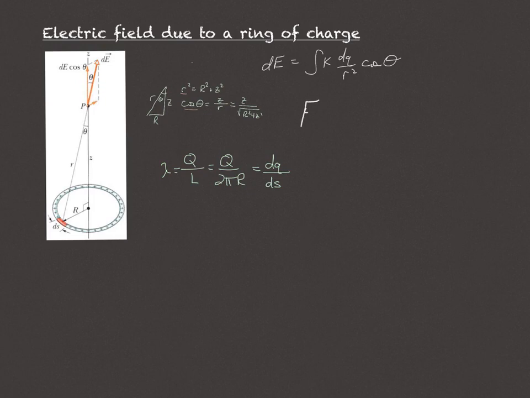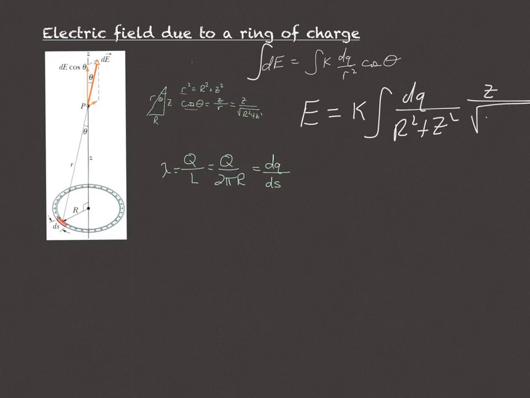So that the total electric field, by summing up all the little pieces, we'll get K times the sum of dq over r squared plus z squared, and the cosine gets replaced with z over the square root of r squared plus z squared.